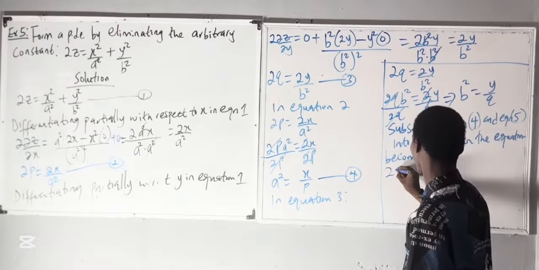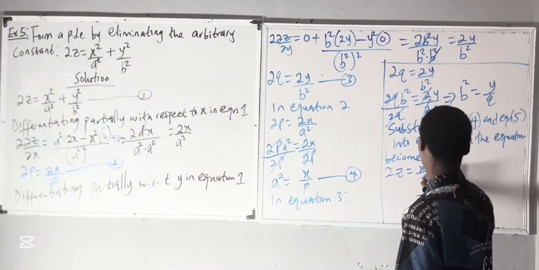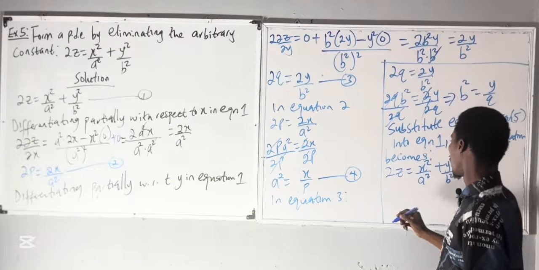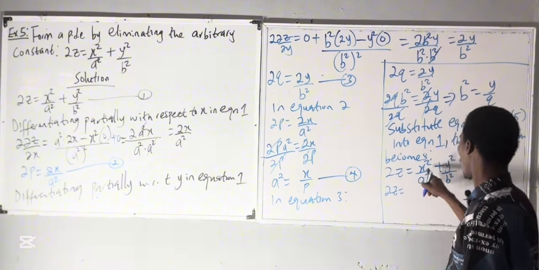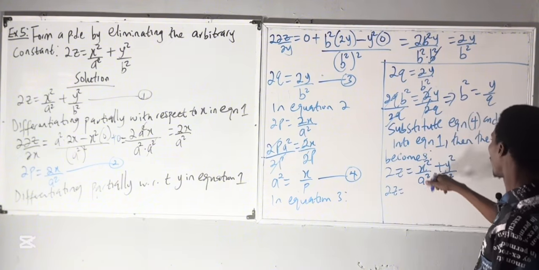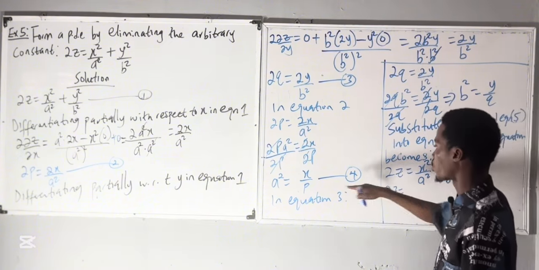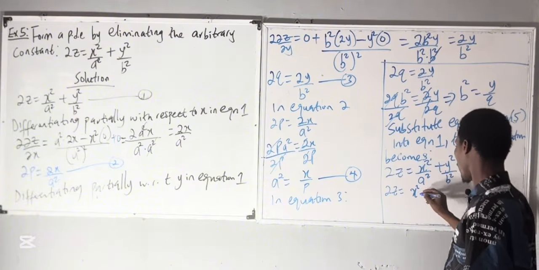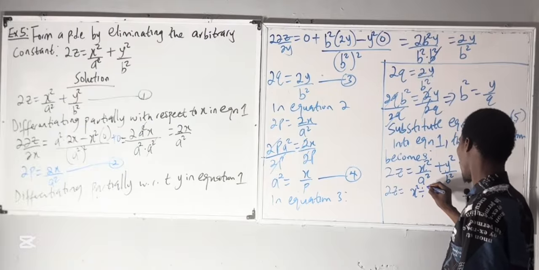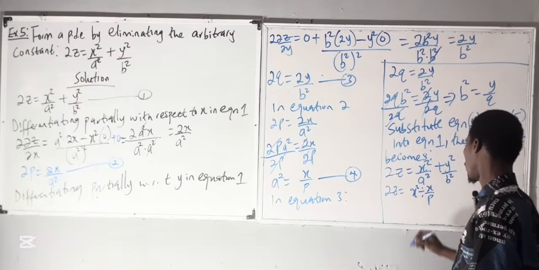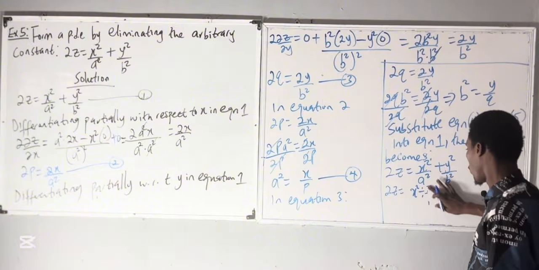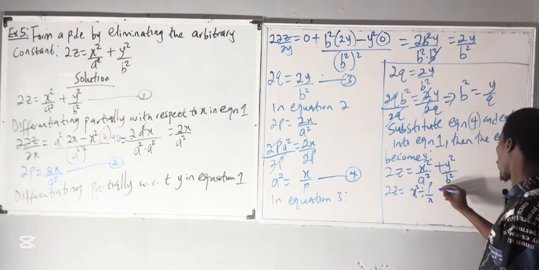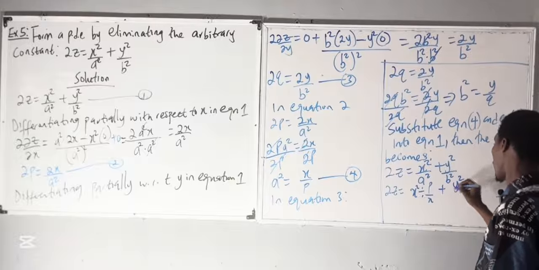So equation 2z is equal to x square all over a square, then plus y square all over b square. Remember that this is 2z. x square all over a square. It means whenever I see a square, I'm going to put x over p. So I'm going to have x square divided by x over p. If I divide this one by x over p, I'm going to have p over x, p all over x, plus y square divided by b square.